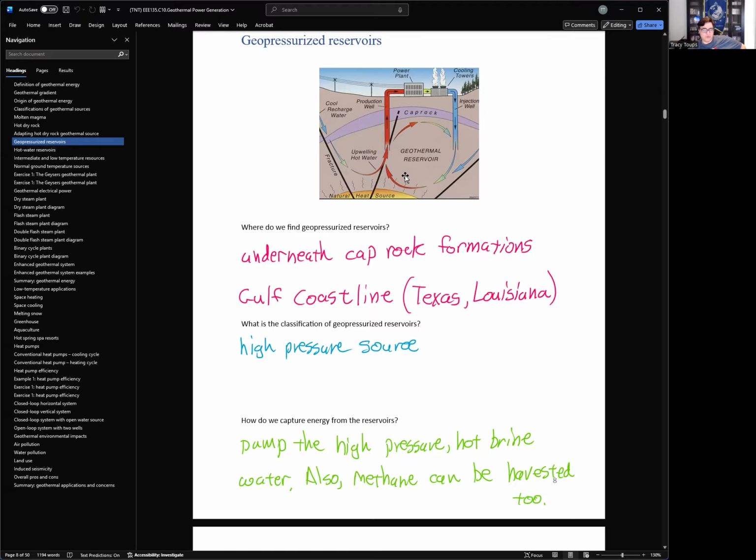So you can have a little bypass system to harvest methane for fossil fuel use as well. Okay. So geopressurized reservoirs are kind of littered here and there. And if you find one and you're willing to drill for it, you can pop a generator on top of it and it'll pretty much give you free energy. Right? It's good stuff.